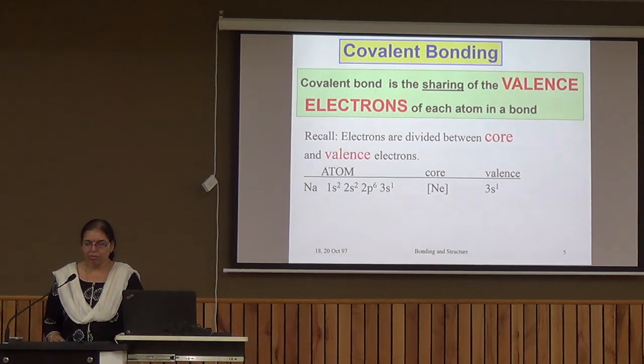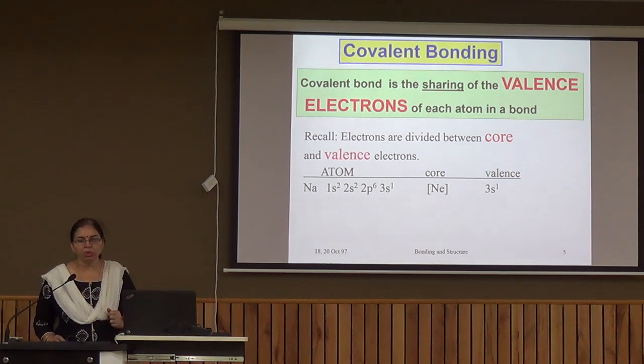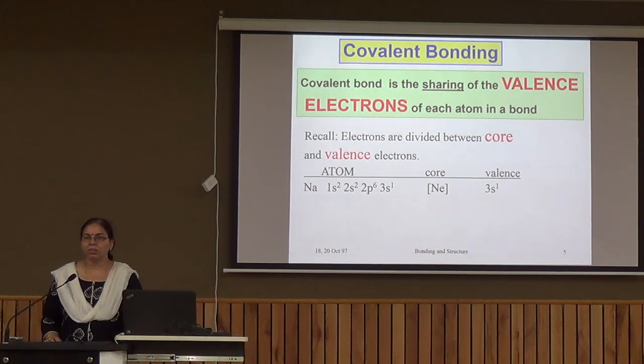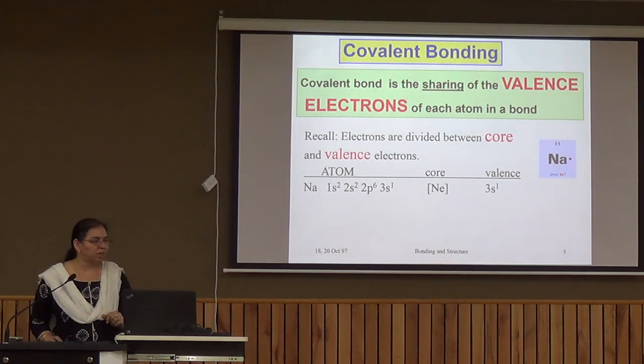Atom, core, valence. Just like this, you can see 3s1. 3s1 is the outermost shell, meaning one electron is present in the third shell, and this electron is present in subshell S. Like this, we can make the Lewis dot structure of sodium.